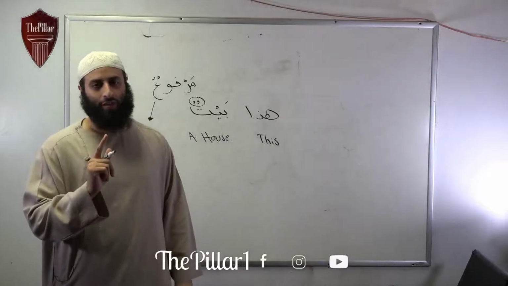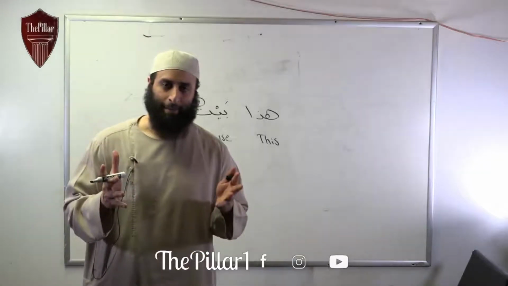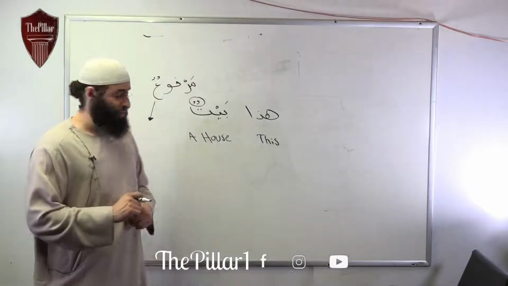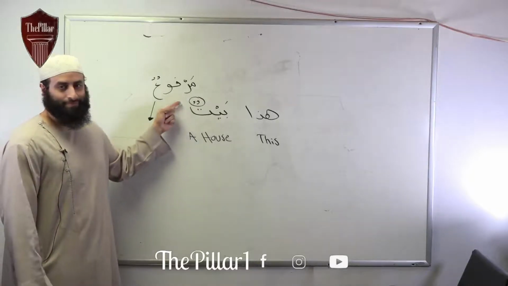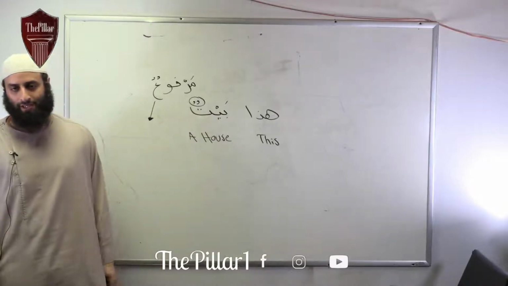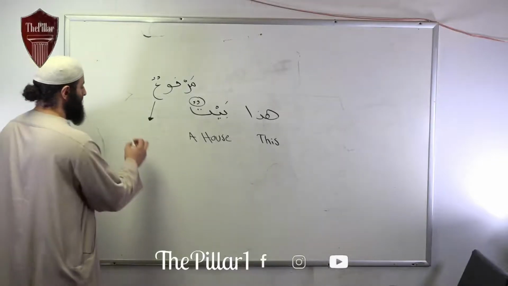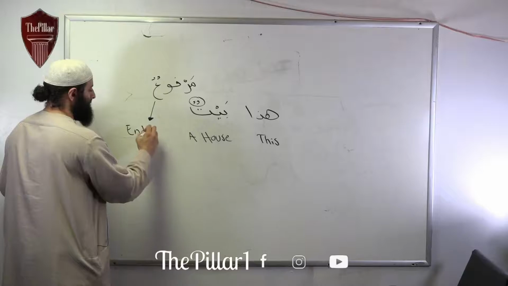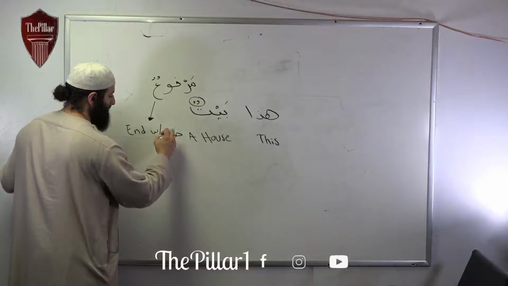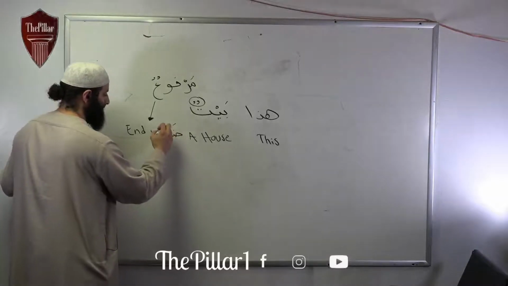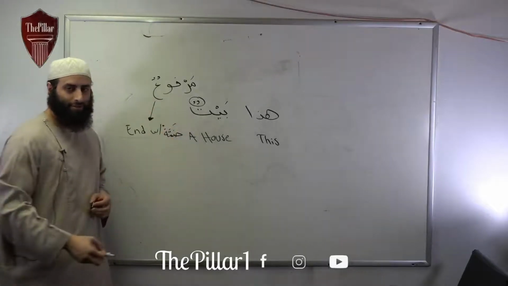And in the Arabic language, there's always exceptions, and there's always other things that are going to be outside of the rules. So for now, if you see dhammatain at the end of a word or a dhamma, what are you going to say that it is? Marfu'. It's in the nominative state. I'm just going to put down here, ends with a dhamma. Or dhammatain, two dhammas.